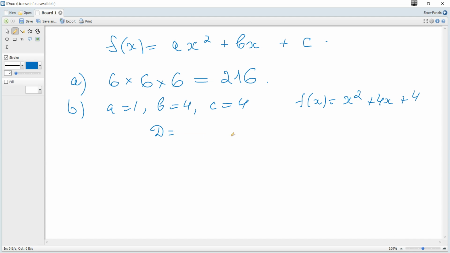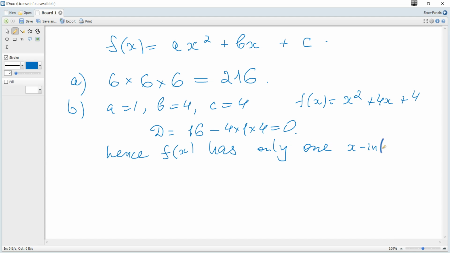If the discriminant is equal to 0, it implies only one root, or two equal roots, or only one point of x-intercept. So the discriminant is b squared, which is 16, minus 4ac, which is 16, so it is 0. Hence f(x) has only one x-intercept.